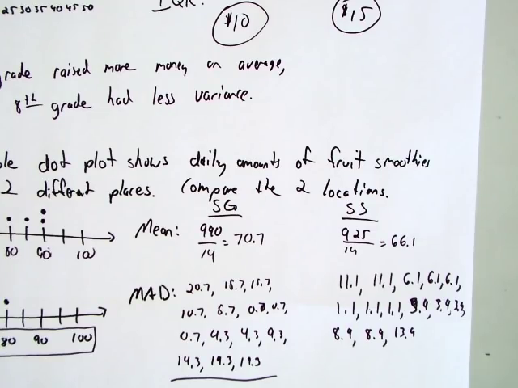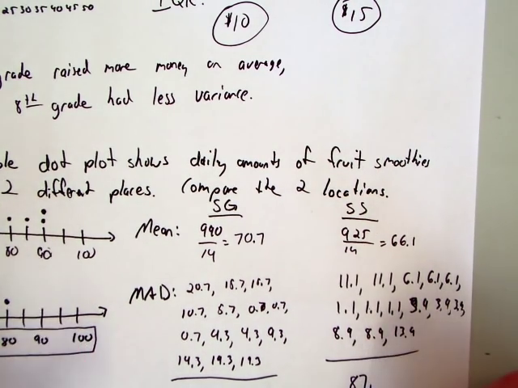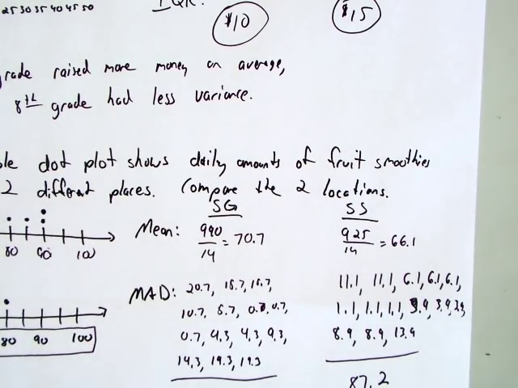Add those numbers up, and I get 87.2, and then divide that by 14, and I get 6.2.